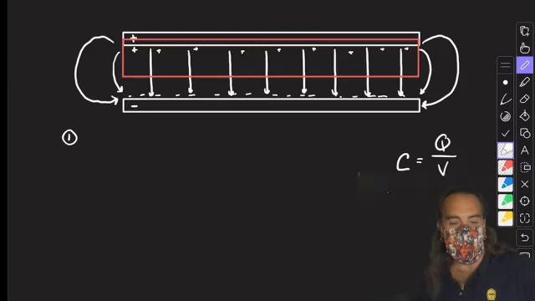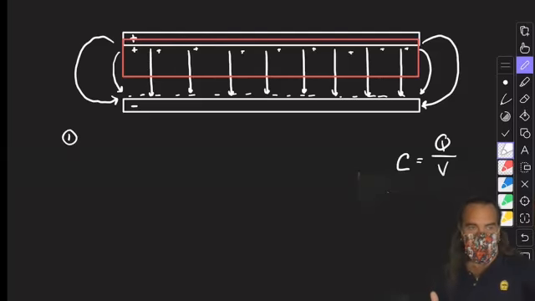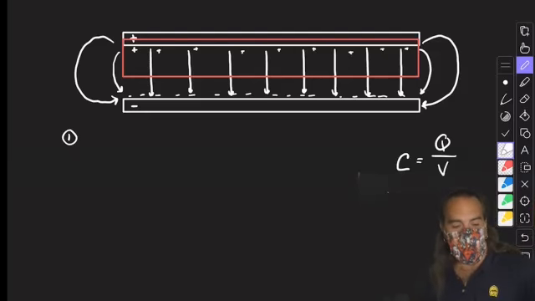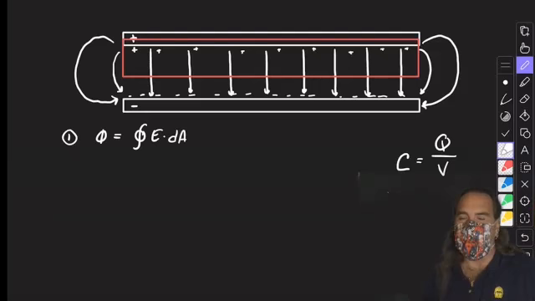So I'm drawing my top surface so that it's inside the conductor. And my side surfaces are going to be perfectly perpendicular to the plates, so that when I start thinking about the flux, I can consider what the electric field must be like for all 6 sides of my box.